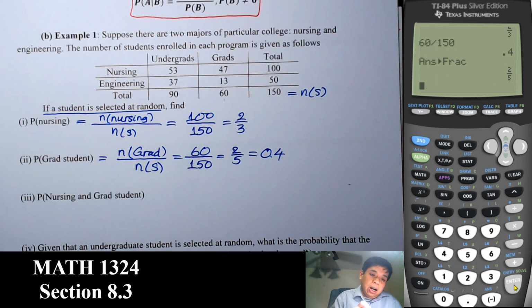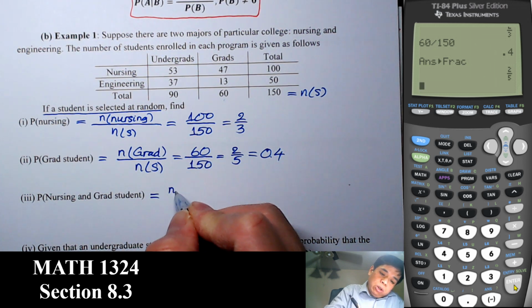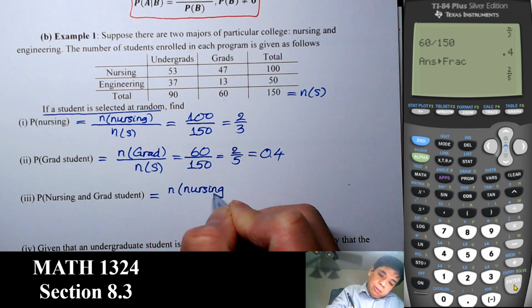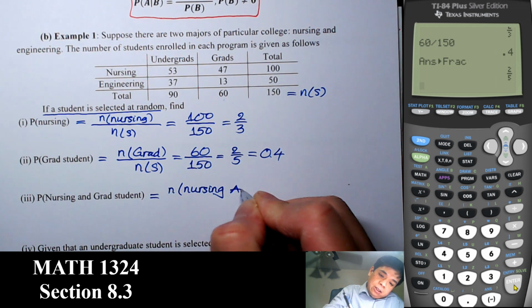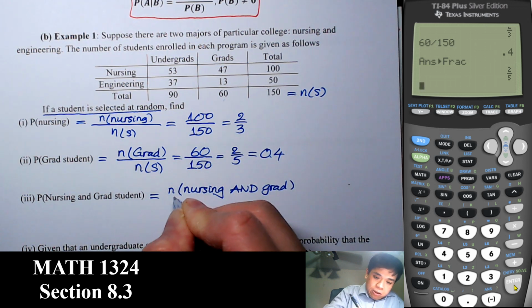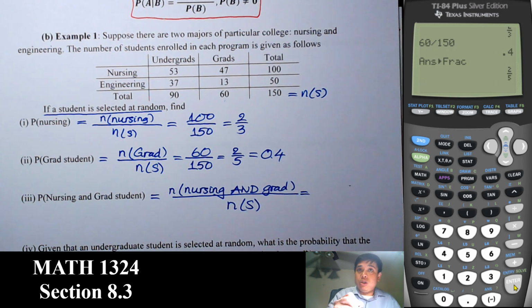Next, the probability that is nursing and grad student. So we just count how many we have that are nursing and grad student over the number in the sample space.